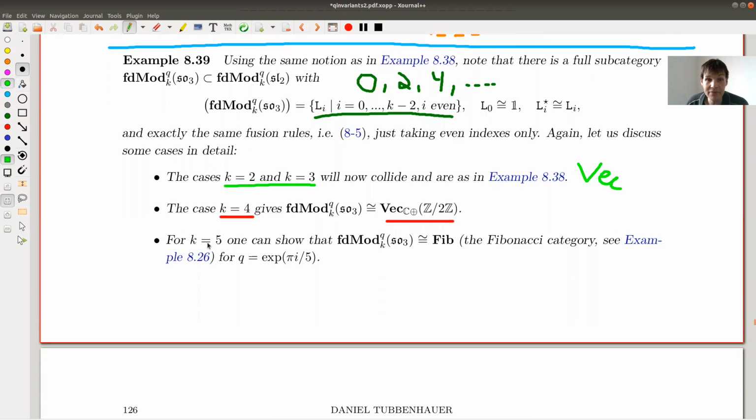For k equals 5 comes our little category from before, namely the Fibonacci category that I discussed before. It had this funny fusion graph, remember this one? And it had the golden ratio as a PF dimension. Okay. So it wasn't that bad, it was very nice.